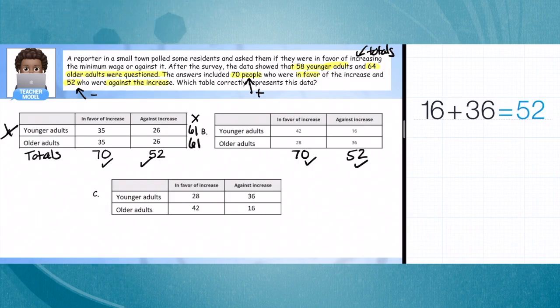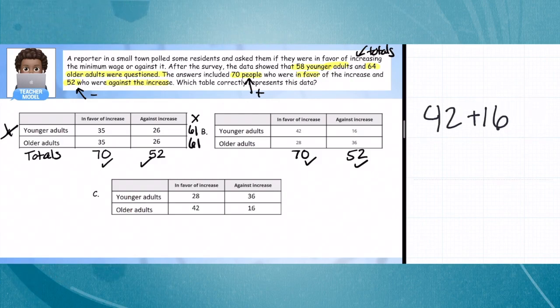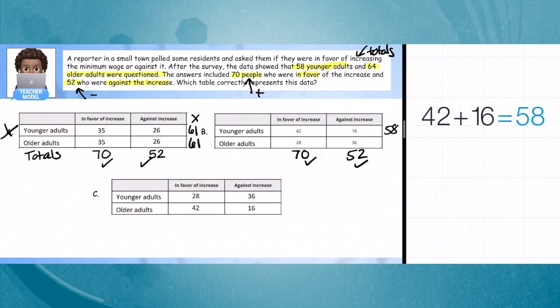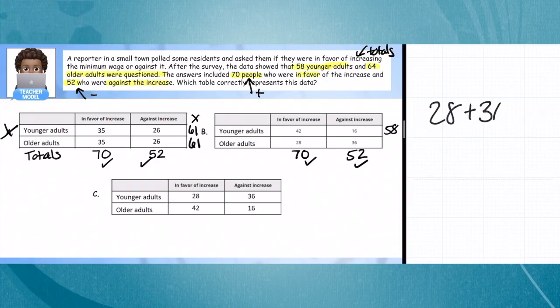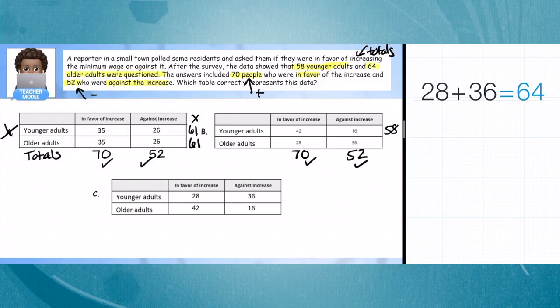So those two parts are correct. Let's see if I get the other two numbers that we're looking for. All right, 42 plus 16 is equal to 58. 58 younger people, so far so good. And 28 plus 36 is 64. So these are the numbers we're actually looking for.